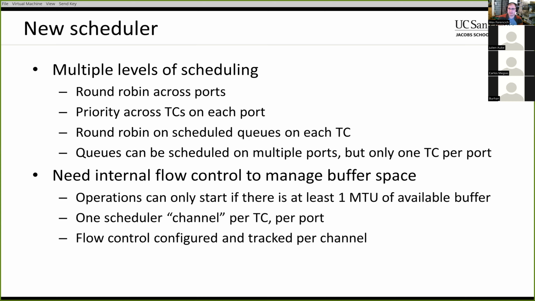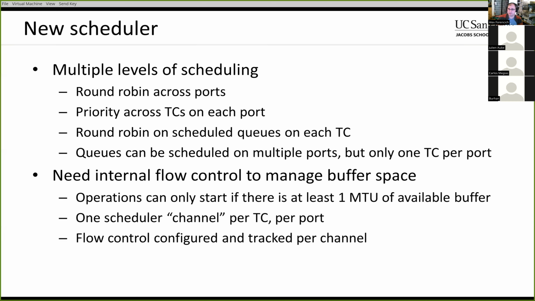So if you have 8 ports and 8 traffic classes, it's not the same as having 64 schedulers. You basically have 8 schedulers, so it's a little bit more efficient in terms of the resource consumption. The initial version, I might not do that. It might be a bunch of individual ones, but that's one point that I'm going to try to improve going forward.